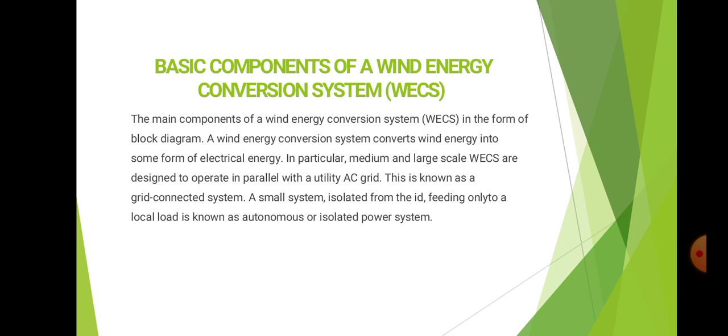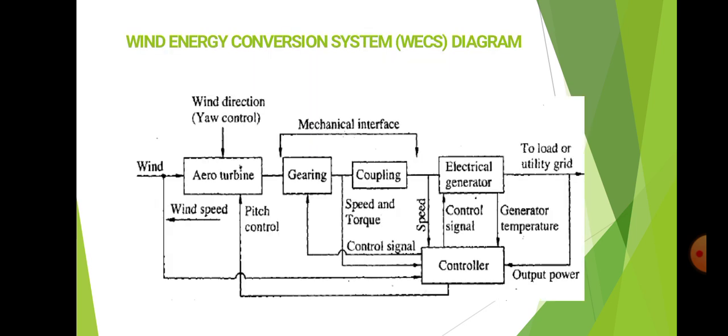On a large scale, wind energy systems are designed to operate in parallel with the AC grid. This is known as a grid connected system. A small system isolated from the grid, feeding only local loads, is known as an autonomous or isolated power system. This is a diagram for a wind energy converter system.